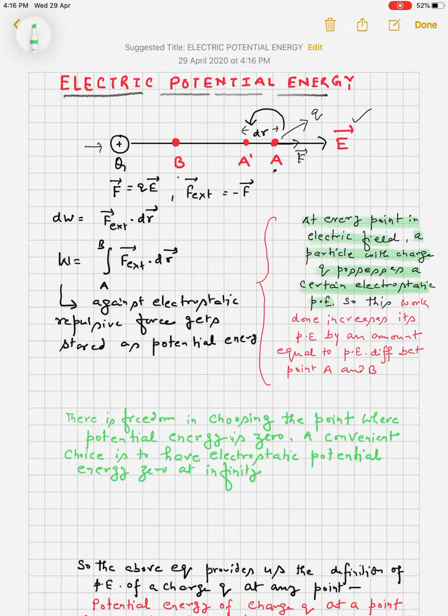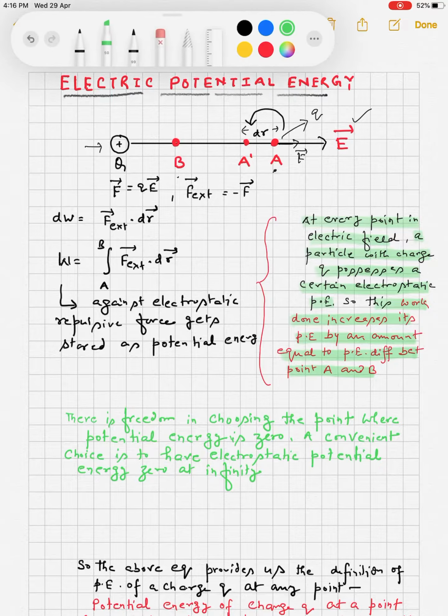So this work done that I have calculated here increases its potential energy by an amount equal to the potential energy difference between points A and B. So this W is equal to delta U.